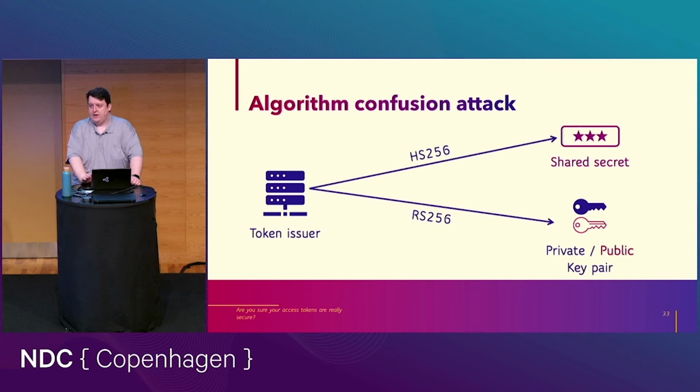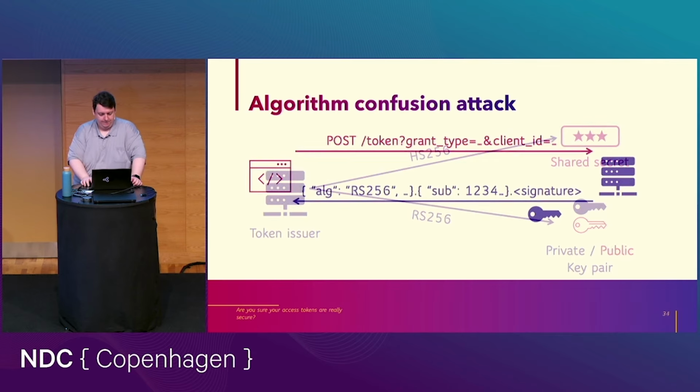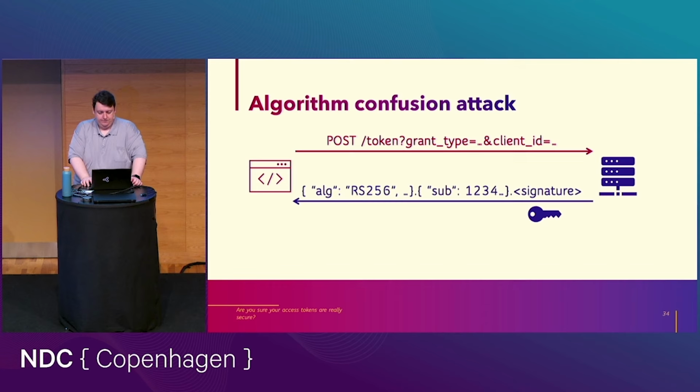But that API also supports tokens that are signed with another, more secure algorithm, which uses a public-private key pair, RS256. Now, what is the algorithm confusion attack? Normally, when you post a token request, you say grant type, client ID, client secret, and you get a token back.